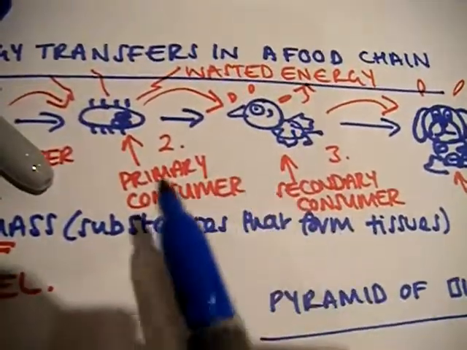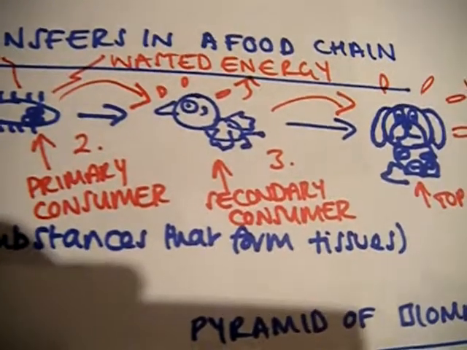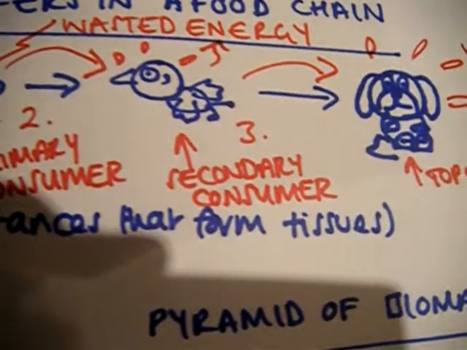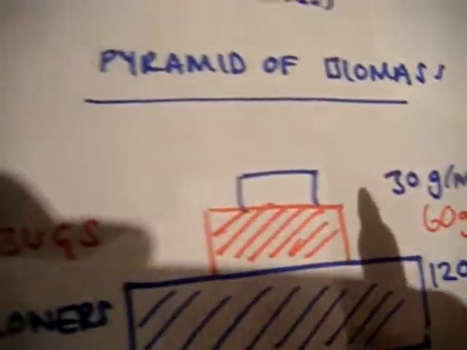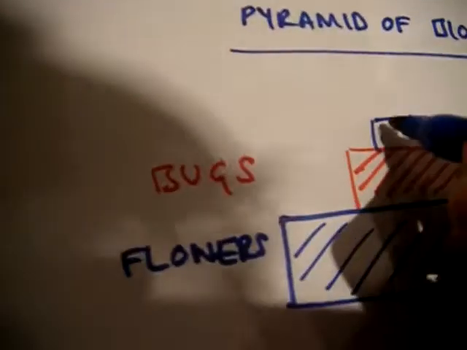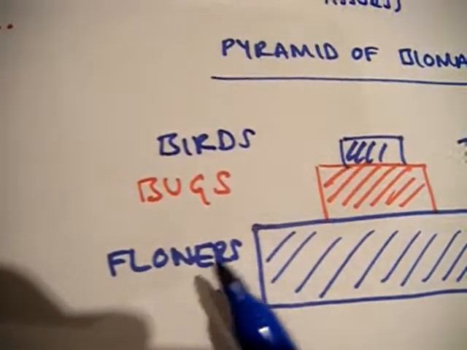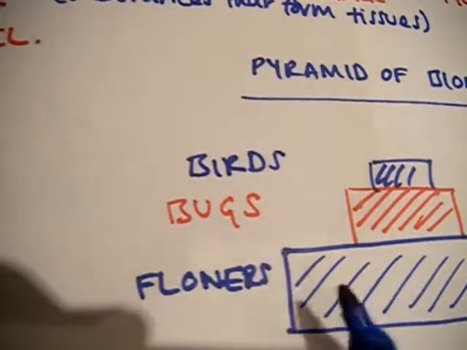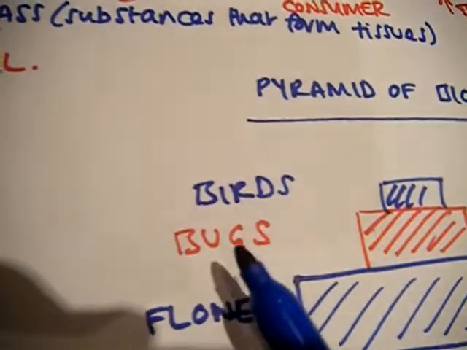Next, I'm going to put on the bird, and I'm going to say that that's 30 grams per metre squared because there's less birds than bugs. If you think about it, compared to the amount of bugs, there's tons more flowers, and compared to birds, there's always tons more bugs.